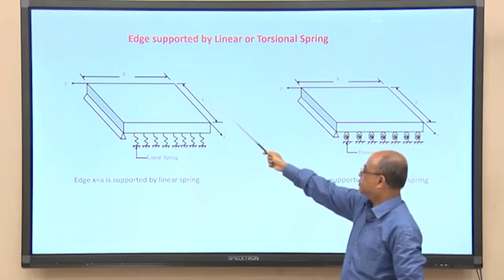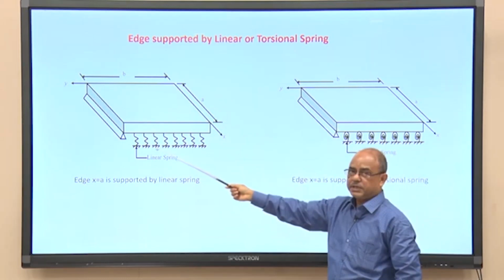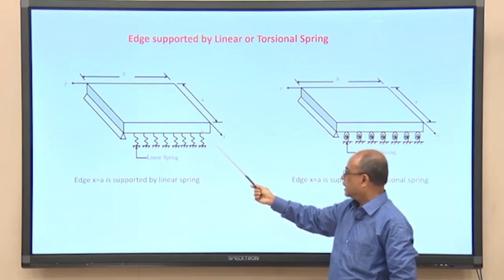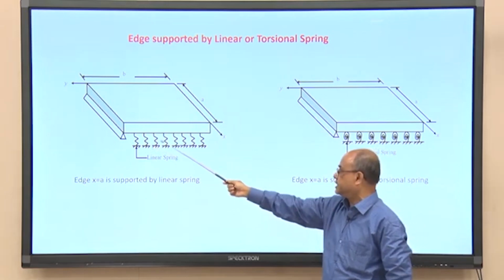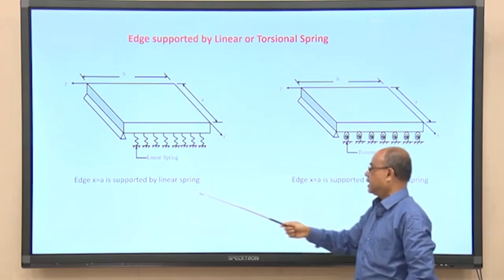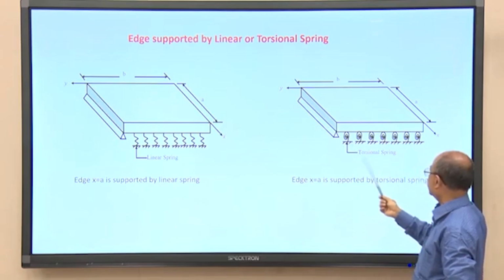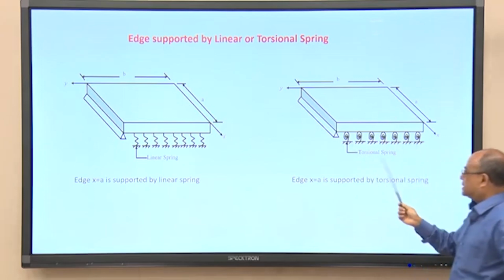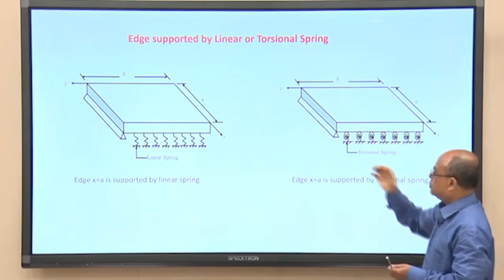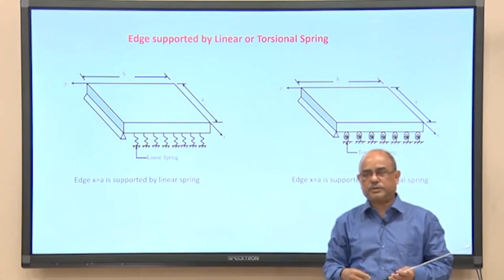If this is the origin of the coordinate system, then the spring is attached at edge x equal to a. So, this is a linear spring. Another case may be when a torsional or rotational spring is attached at this edge x equal to a. So, these are the two non-classical boundary conditions. The previous one is also a non-classical boundary condition.